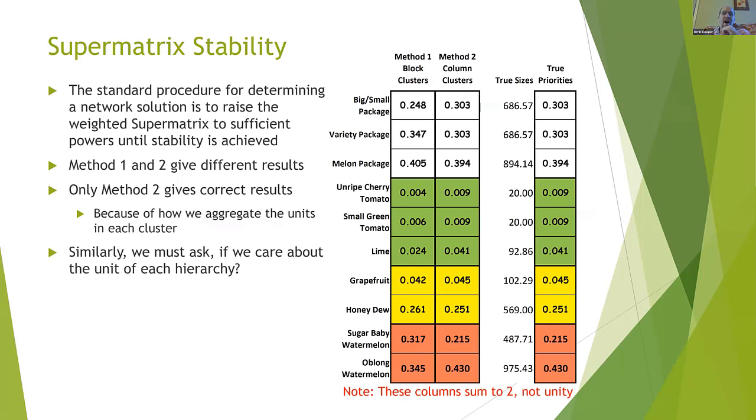We raise these to powers, and with method 1, we get a set of weights. With method 2, by individually considering each column as a hierarchy, you can see that method 2 relates to the true priorities, and with method 1, we're off a little bit. So in this sense, in the generalization, the question is: do we care about the units in each hierarchy?